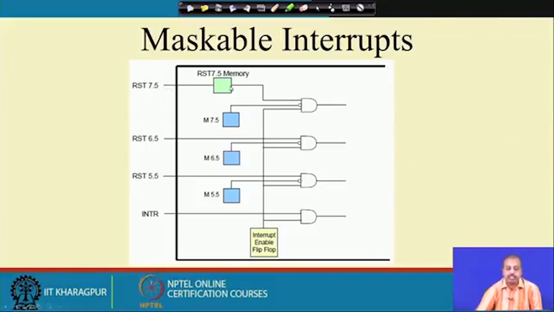So, when the processor checks at the end of that 17.5 clock cycles, it will find that flip flop value to be equal to 1. So, that interrupt will be sensed. This gives us a special facility with the RST 7.5 flip flop: the pulse can be of much shorter duration than for 6.5, 5.5 and the INTR pin. We will come to that later.